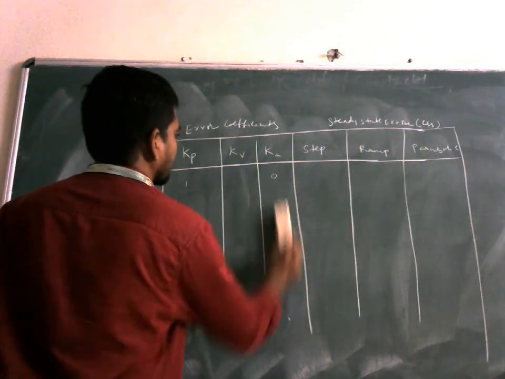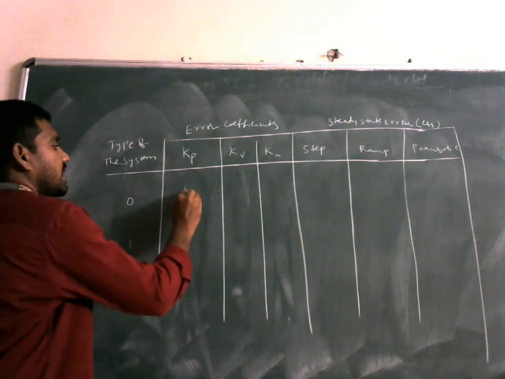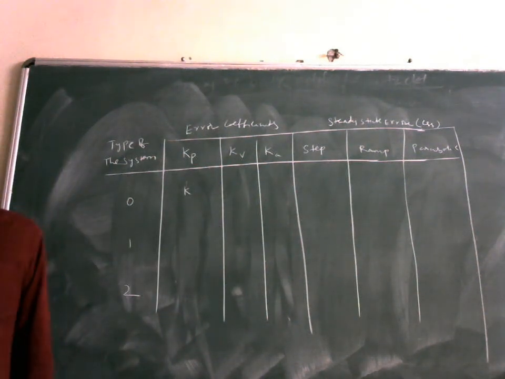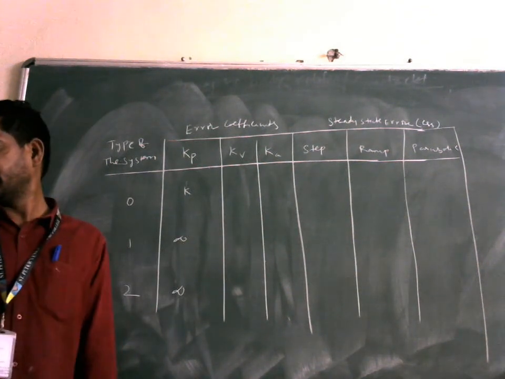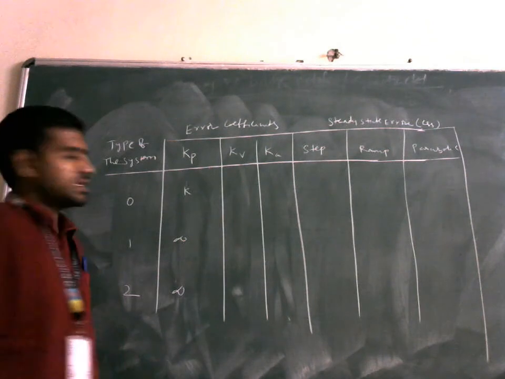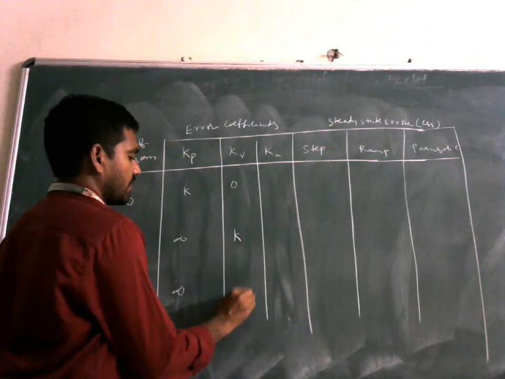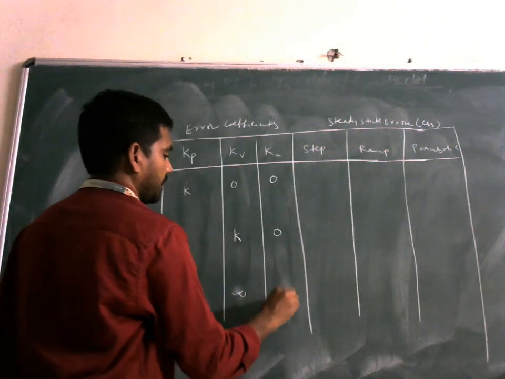Okay, these are the positional error constants, right? First case Kp equal to K, and for these two things we are going to get infinity. And the second case is 0, K and infinity we are going to get. Here we are getting 0, 0 and K.